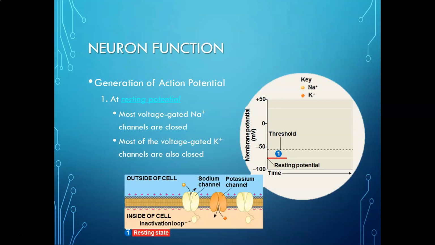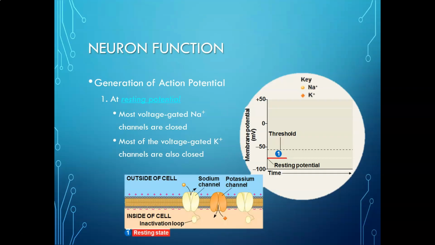If I take a look at that graph and break it down into pieces and look at what's actually happening in the cell membrane itself, remember that everything starts at that resting potential. What does that mean? That means that when I look at a resting neuron, a neuron that's not sending any sort of signal, the vast majority of those voltage gated sodium channels are closed.